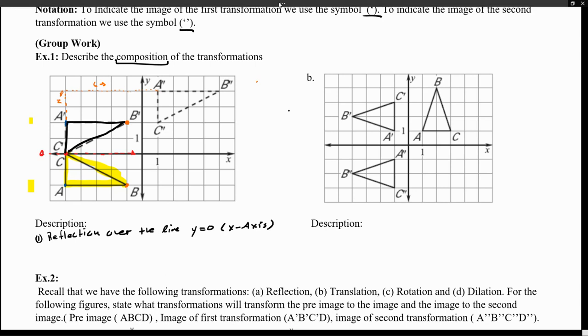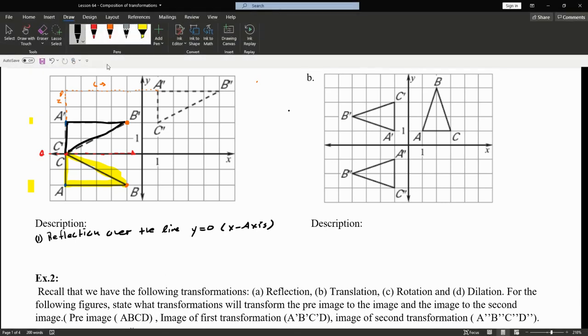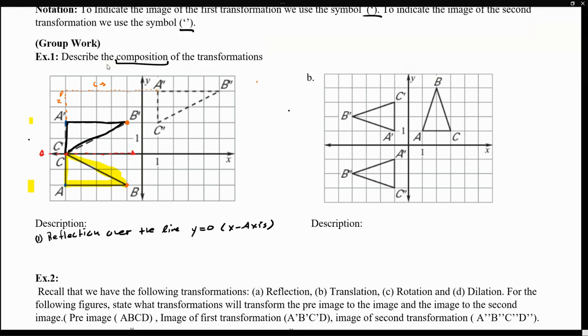So what we have done now is that first, the original object, we reflected over the x-axis. And then we shifted, or we translated, the triangle 2 units up and 6 to the right. So the first thing that we did, we reflected over the line y equals 0, which is the x-axis.